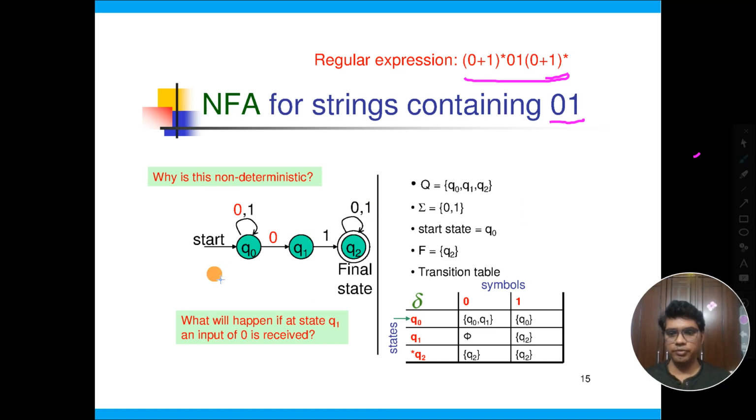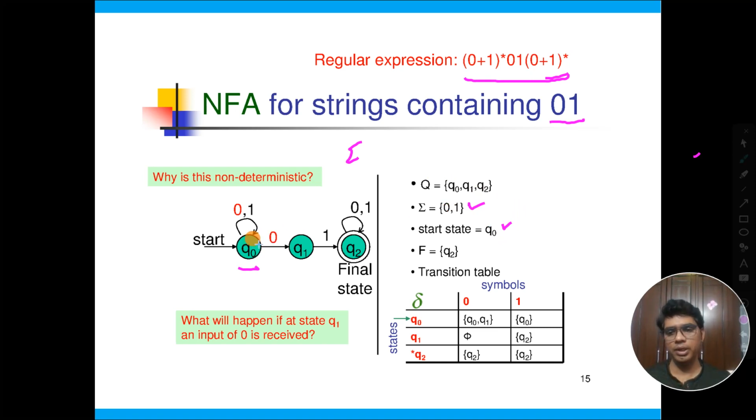Okay, so if you see this example, the corresponding NFA for this language or this regular expression is given here. So in Q0, the input can be either 0 or 1, because in this language the alphabet is {0, 1}, and the start state is Q0.